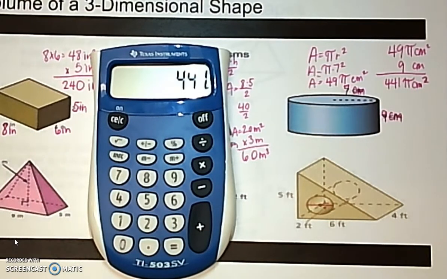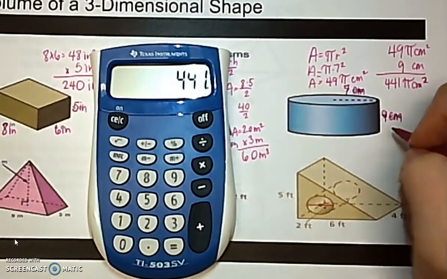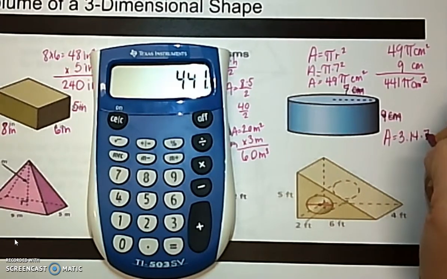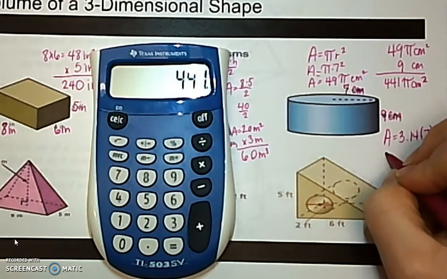Now, if I want an approximation, I'm going to go ahead and put pi in, 3.14, times that 7 squared.